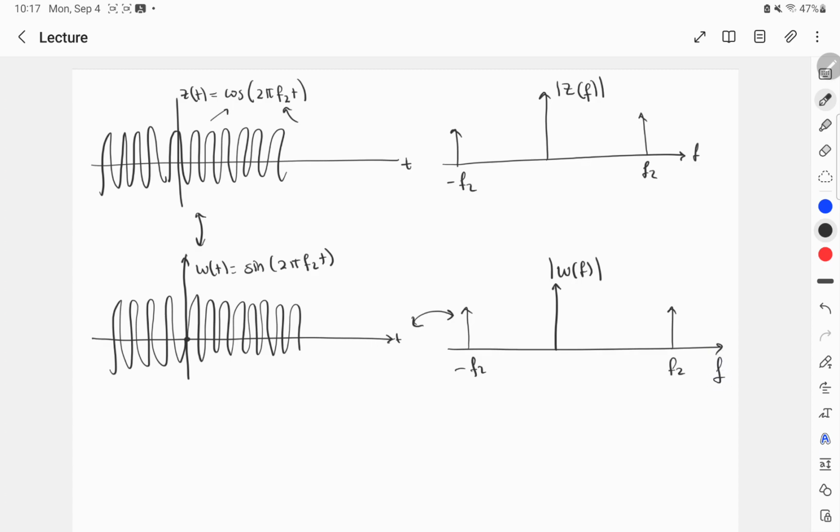Now, you might be asking, how are we going to separate these two functions if they are in fact different functions? One is cosine, one is sine, but we have the same frequency domain graph. So how can we differentiate them?